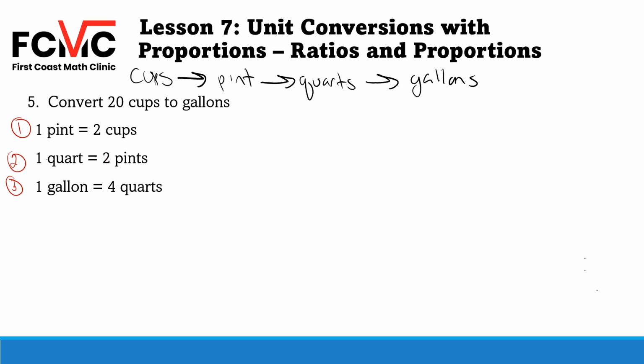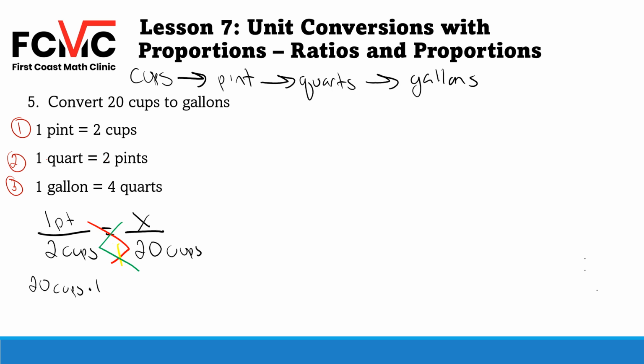So we know 1 pint is equivalent to 2 cups. And we've got 20 cups, so we'll do X over 20 cups. Let's cross multiply. Bring the equal sign down. Cross multiply. So we're going to get 20 cups times 1 pint equals X times 2 cups.